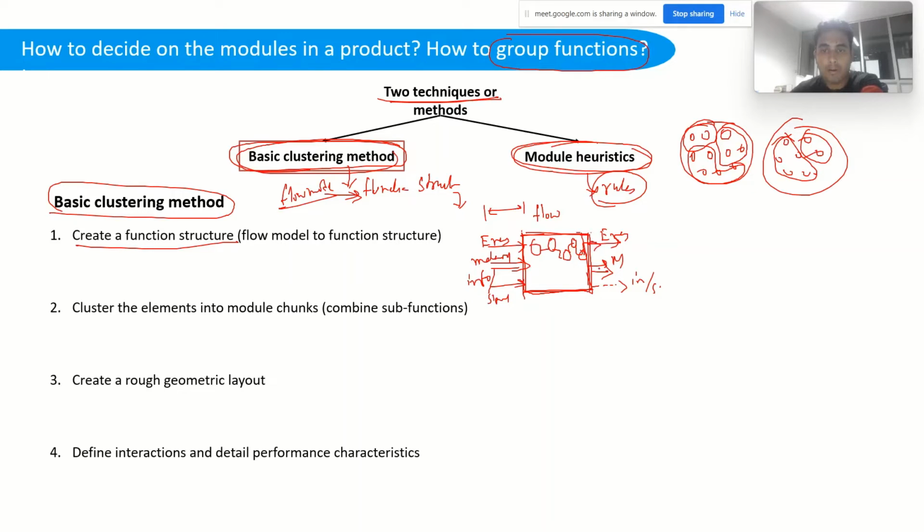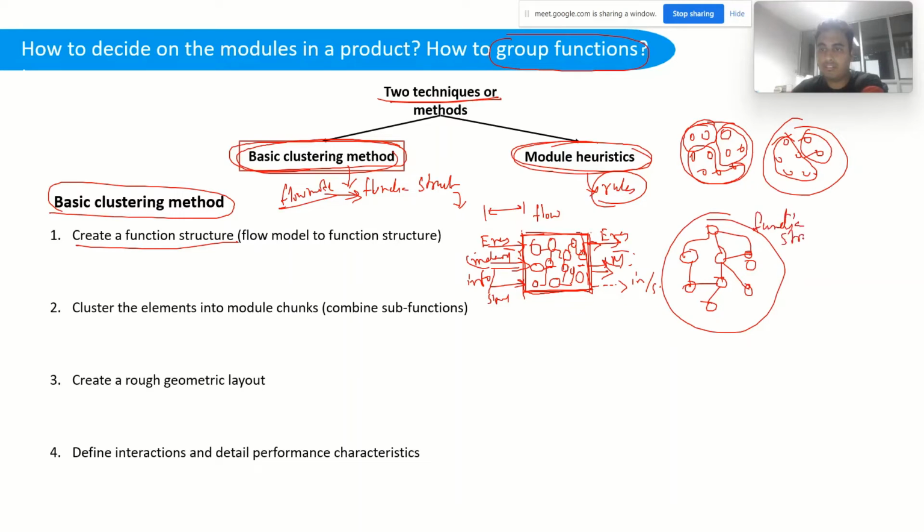Similarly, how input material can be converted into output material using certain functionalities. While doing that we also realize some interrelationship between information, material, and energy. So we end up with something not like a tree structure but more complex than a tree, having multiple relationships. So we do not call this a tree structure, we call it a function structure.